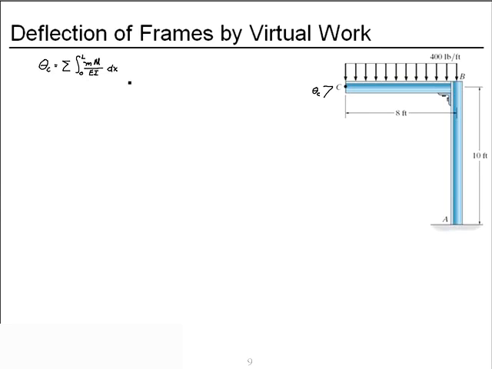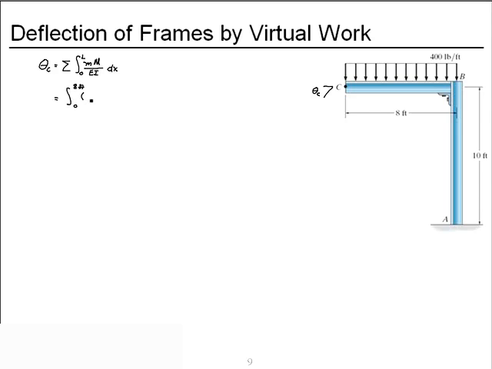Now I want to point out the capital M, the moment due to the real loads, didn't change from our prediction of displacement of point C. It's only our virtual moment that changes. We'll start with member CB, so we'll integrate from 0 to 8 feet.